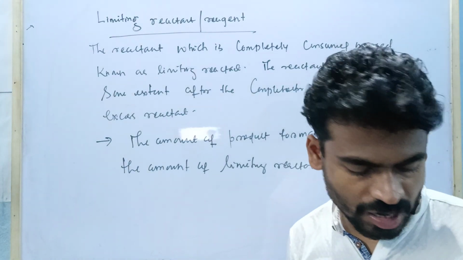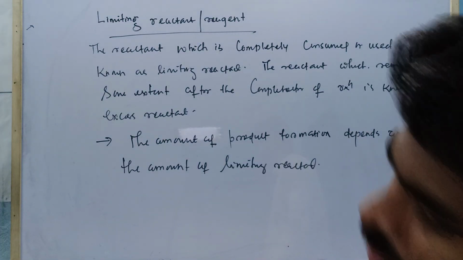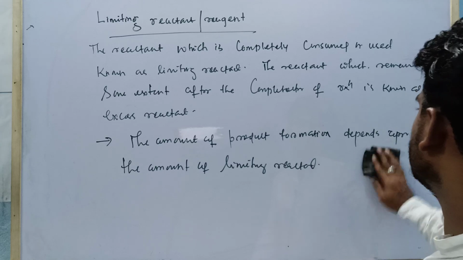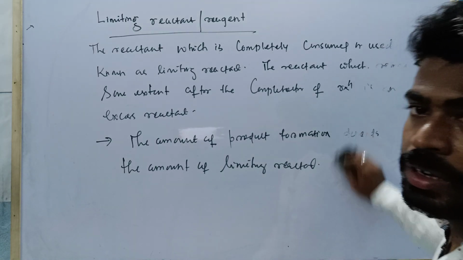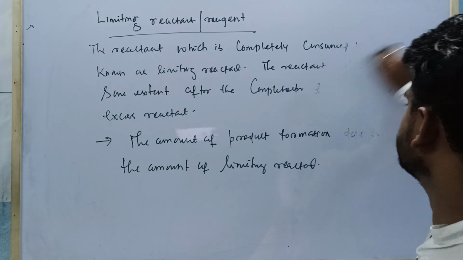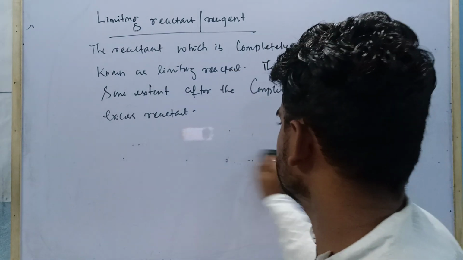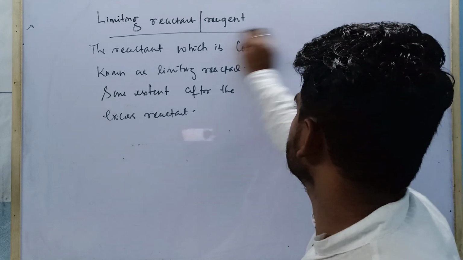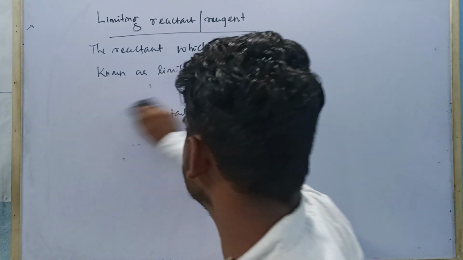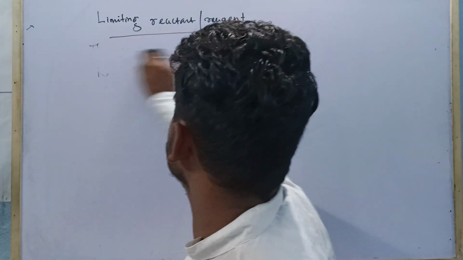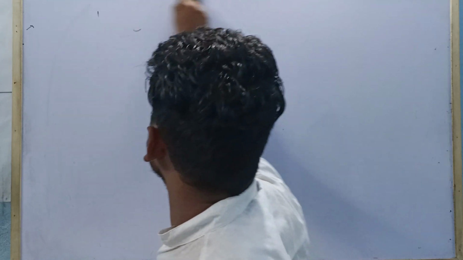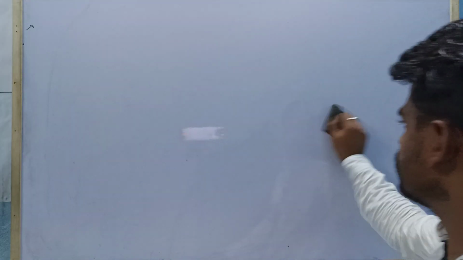Okay, so now we will proceed through a numerical which is based on your limiting reactant. So this is your numerical.